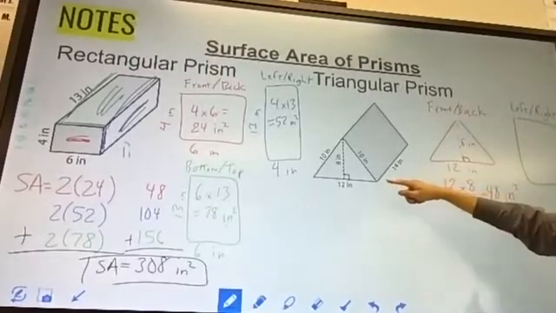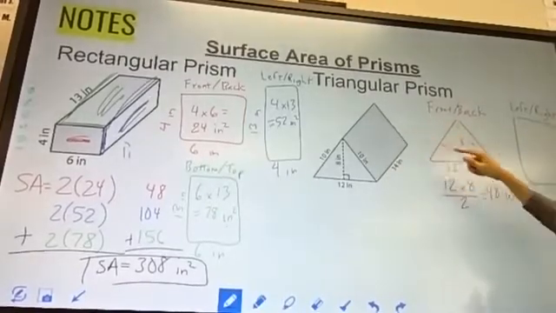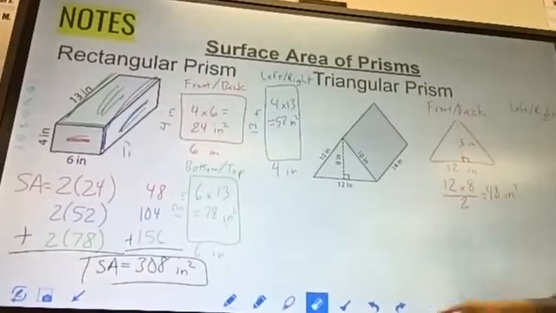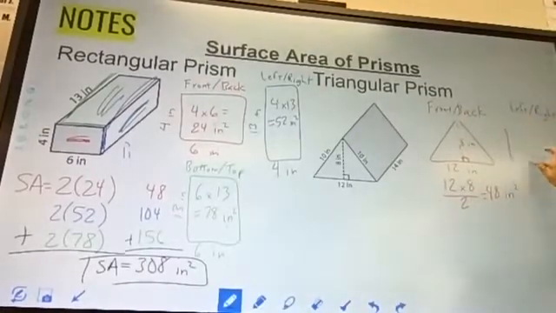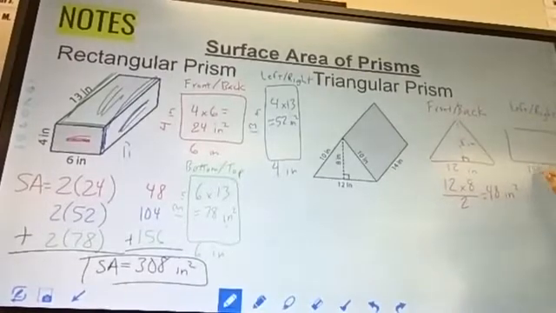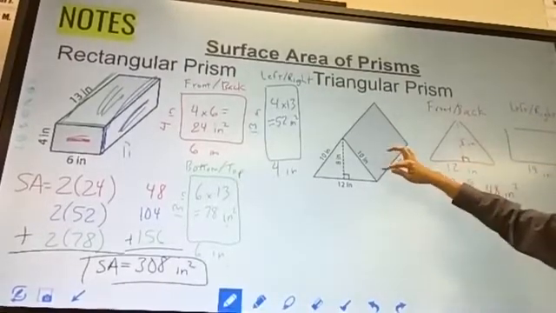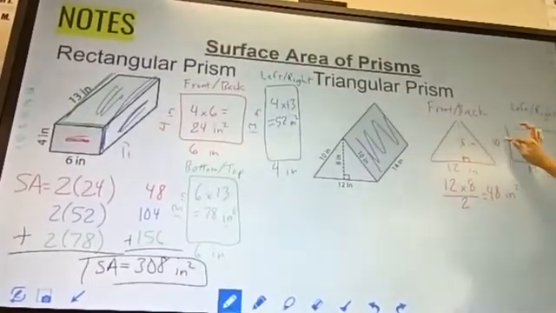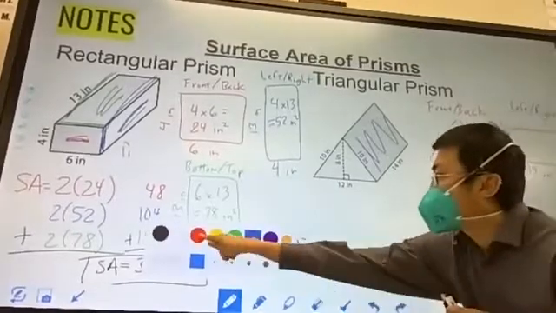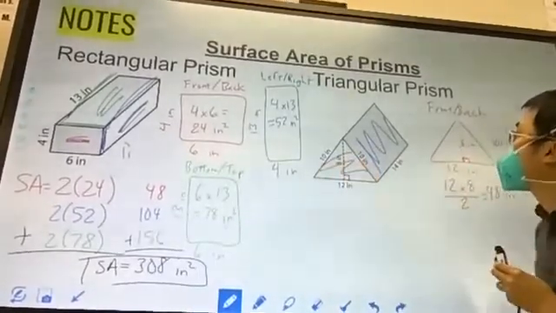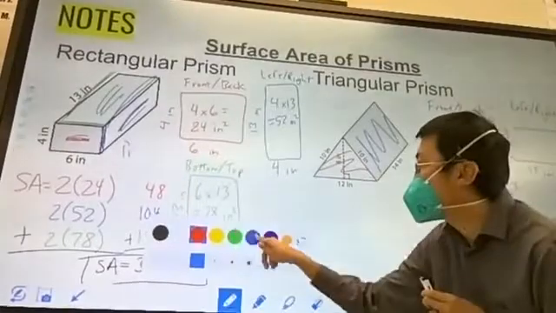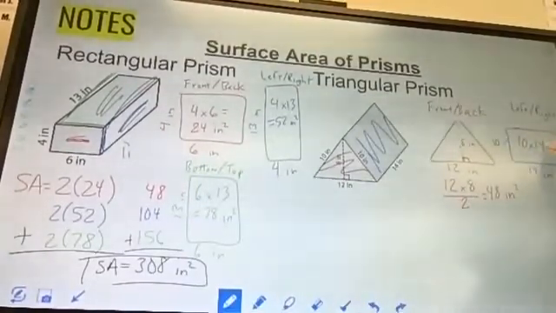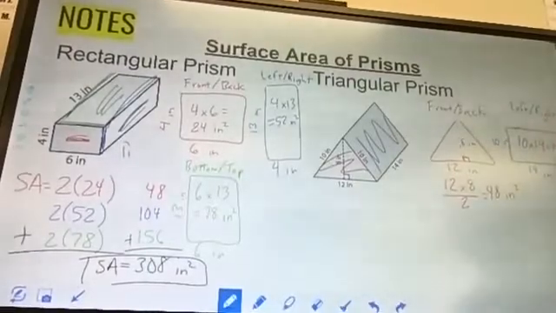We have our base is 14 and our height is 10. Actually, we'll redraw this rectangle. Base is 14 inches and our height is 10 inches. So 10 times 14 is going to give us 140 inches squared.